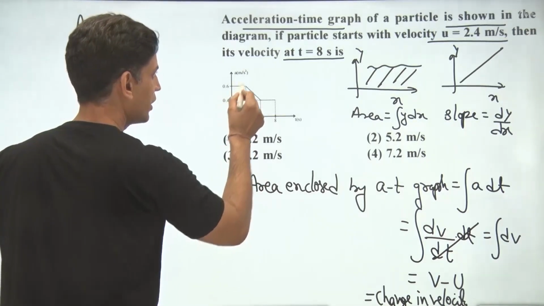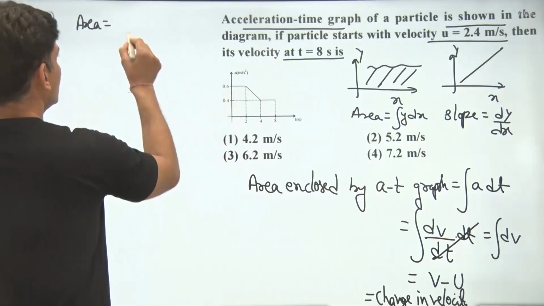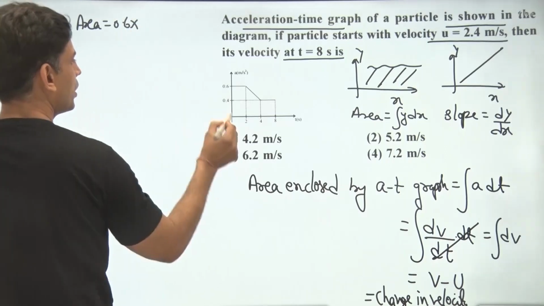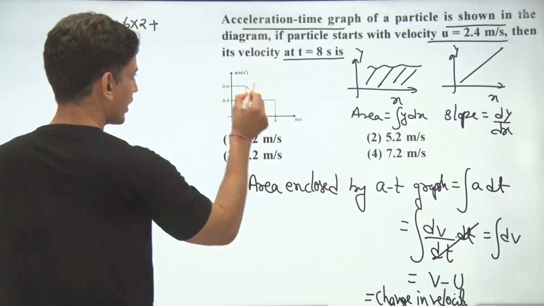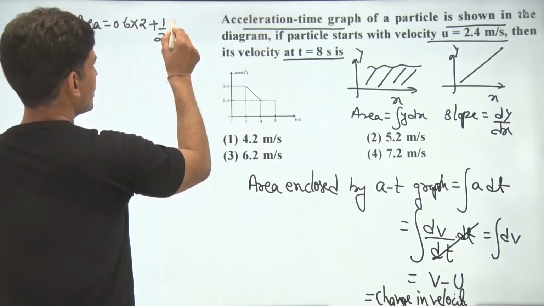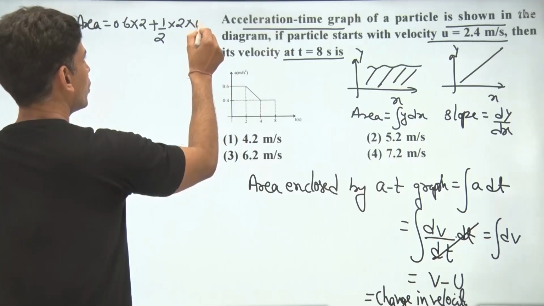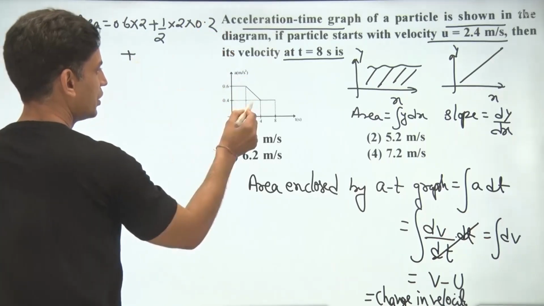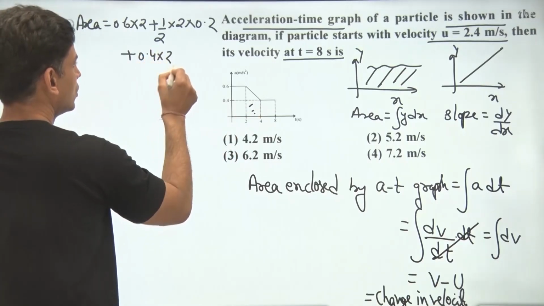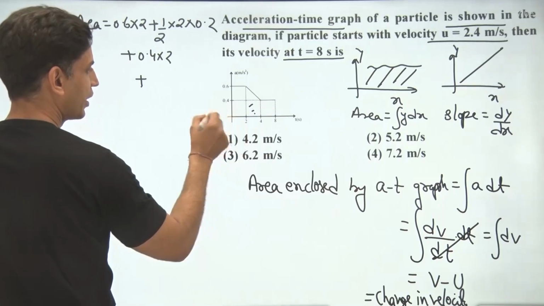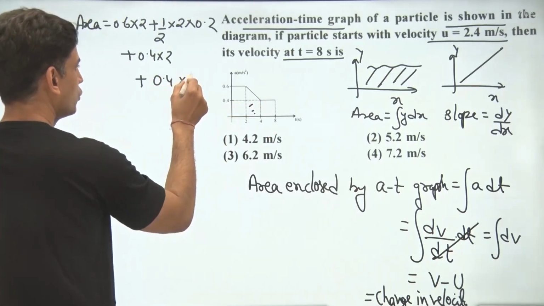Okay, this is the area. This area is how much? Length into width. So 0.6 multiplied by 2, plus calculate this triangle, that is half into base, 2 to 4 is 2, and the height is 0.2, plus this rectangle, that is 0.4 into 2, plus this rectangle, that is length into width, 0.4 into 4.